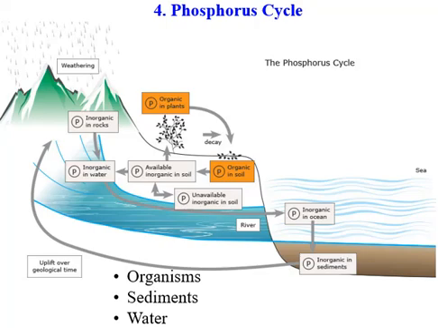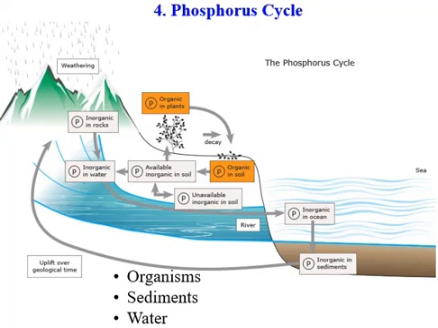So here's a rough summary of the phosphorus cycle. There's some phosphorus in the sediments, which is broken down by weathering, and this inorganic phosphate becomes available and is incorporated into the soil, as well as phosphorus from living things that have died.